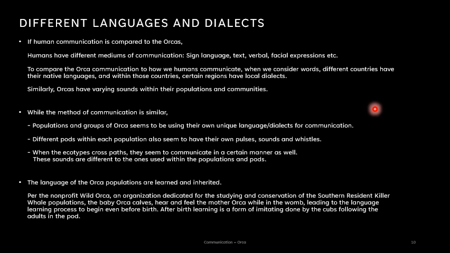When they cross paths at certain times, they seem to communicate. They do have some communication, but it is not as common as the communication they do within their pods and within their groups and ecotypes.